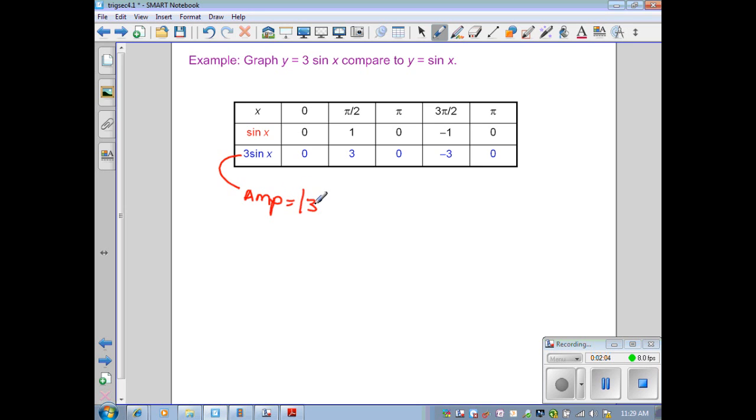Then at those quarter points, the function values are not going to be 1. The amplitude will be 3 or a negative 3 at those quarter points. So that makes it easy to graph these functions when I know that sine is going to start with 0 and end with 0. The only thing I need to determine is the quarter points and what the amplitude and the value I'm going to graph at those quarter points.